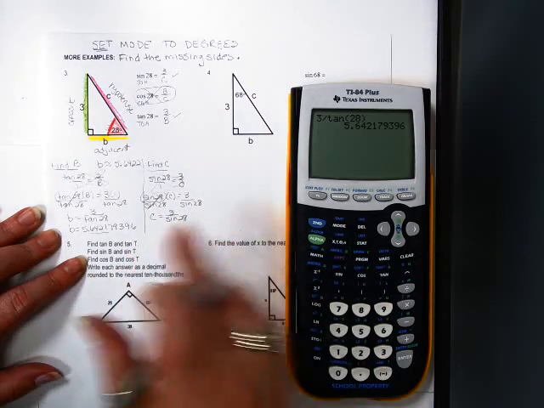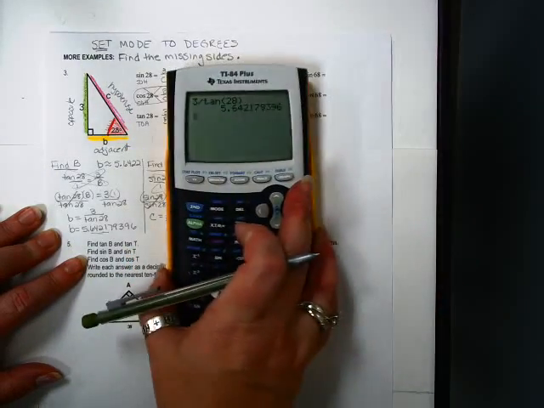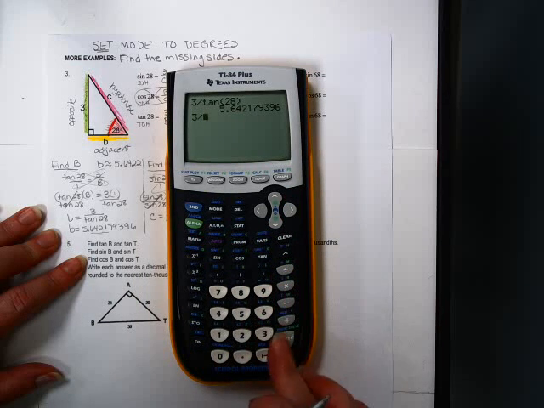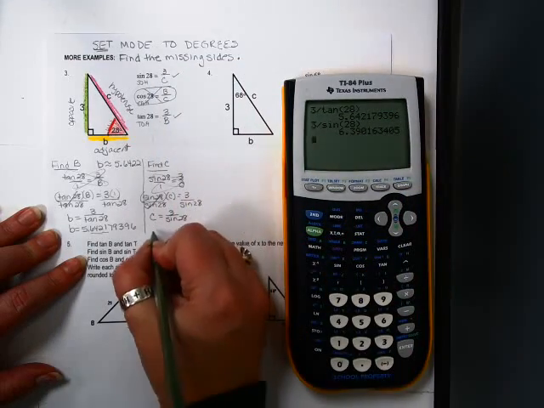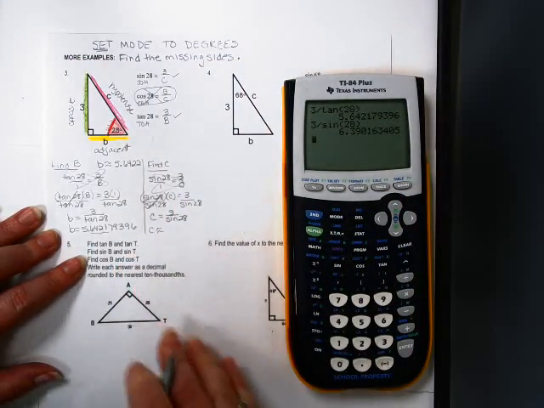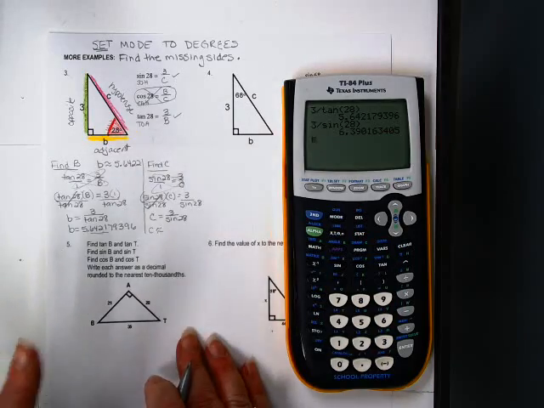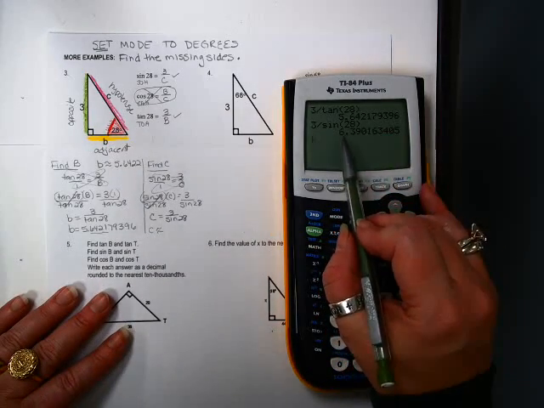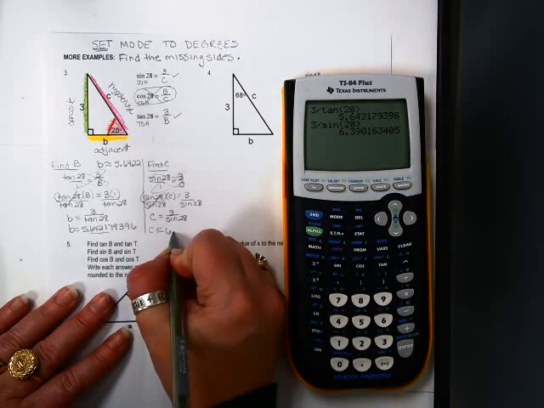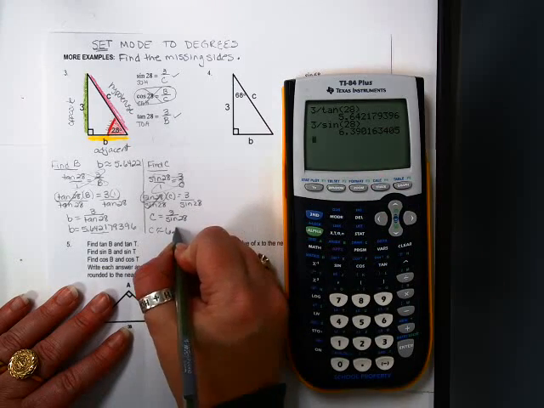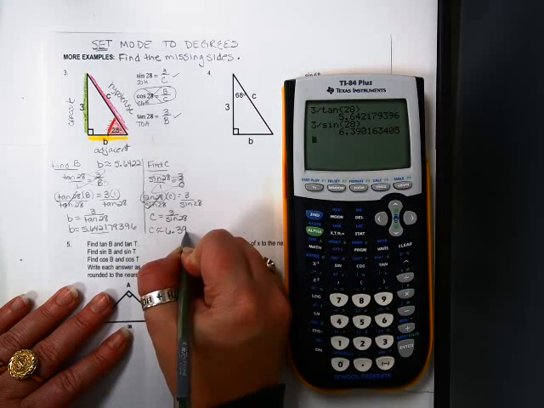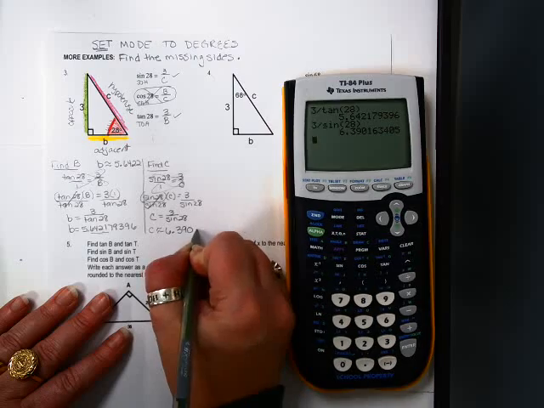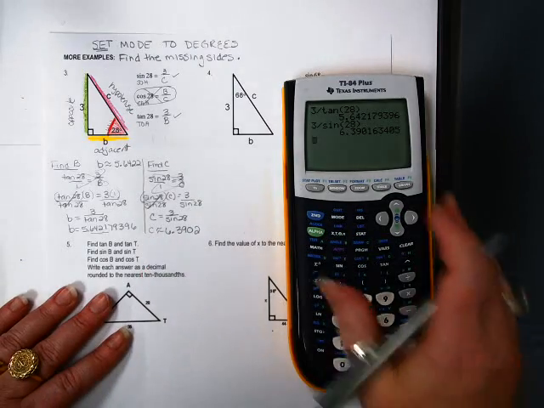So that's what I'm going to plug into my calculator. So here, 3 divided by sine 28, close my parentheses, I'm going to get C is approximately, now remember, round to 4 decimal places. That's going to be 6.3902, because that rounds up.